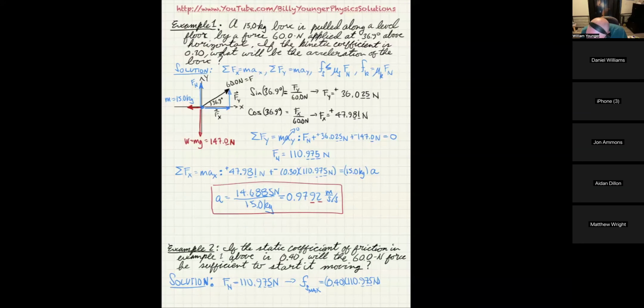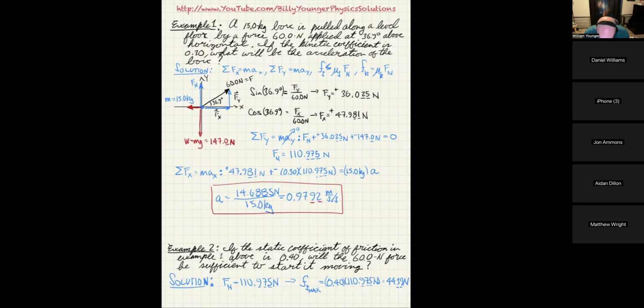So, anyways, 0.40 times 110.975 gives me 44.39 newtons. And that really should only be two sig figs, so the 3 and the 9 are not significant figures, but that's the maximum force the friction force can be.